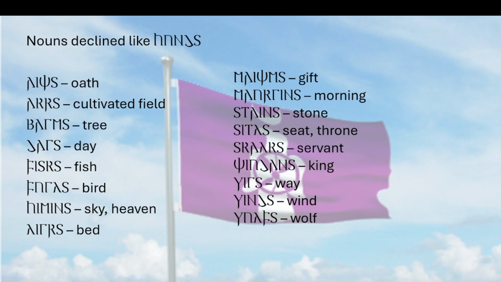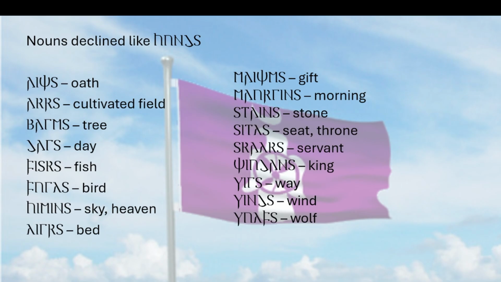Now here are some words which are declined the same as the word hunds. So they all have masculine as their grammatical gender. As, oath, akrs, a cultivated field, bagms, tree, dags, day, fisks, fish, fugls, bird. Himins means sky or heaven.